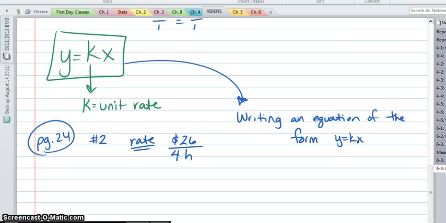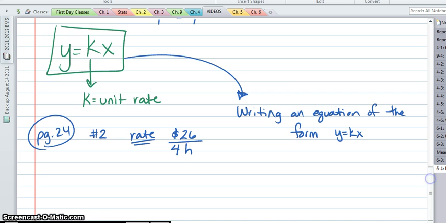So we've seen this type of problem before, and we used unit rates to solve it. We are again going to use a unit rate. We're just going to then take that unit rate and substitute it into this equation. The beauty of an equation is that we can be given any amount of hours that Gloria could babysit and calculate her earnings, as opposed to just figuring out one answer to this one question. So let's see how to do this.